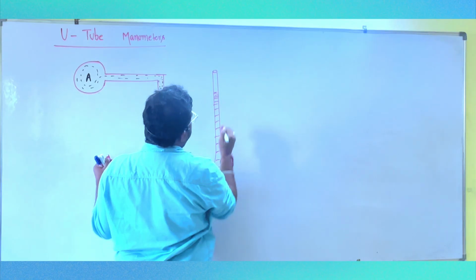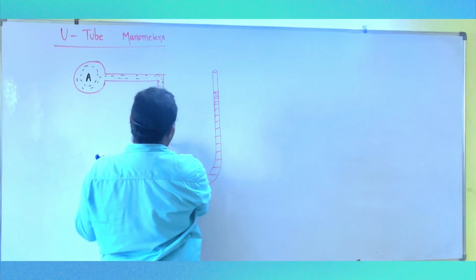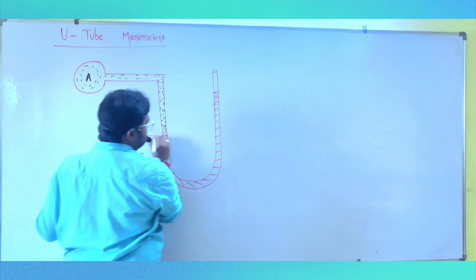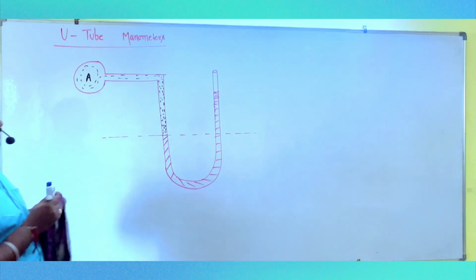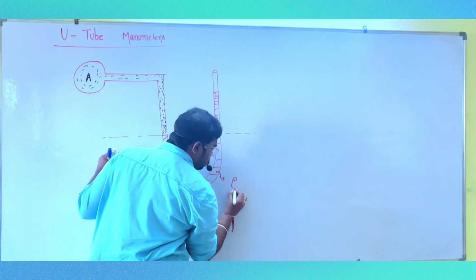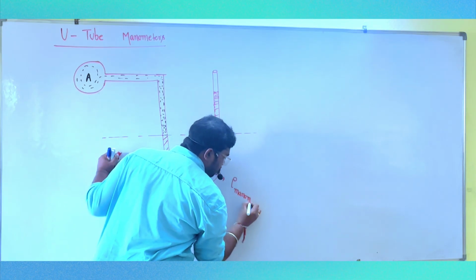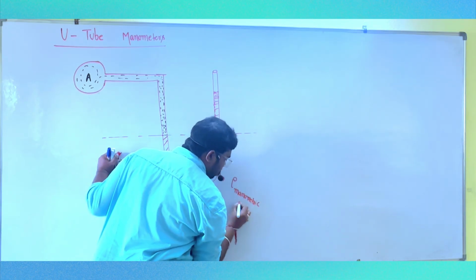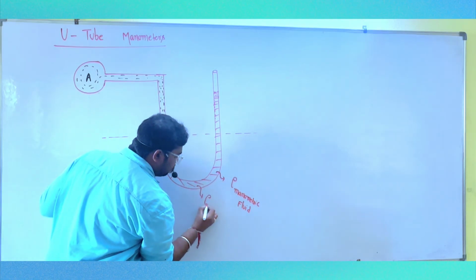One limb is open to atmosphere. This is the reference. This red color is the manometric fluid.